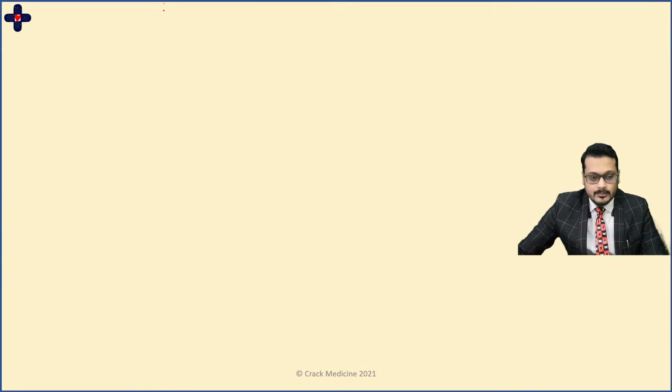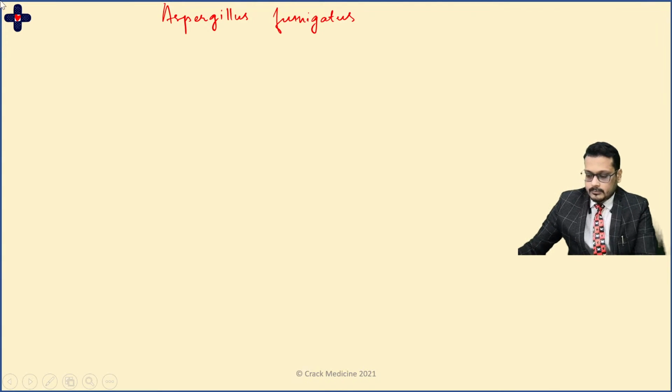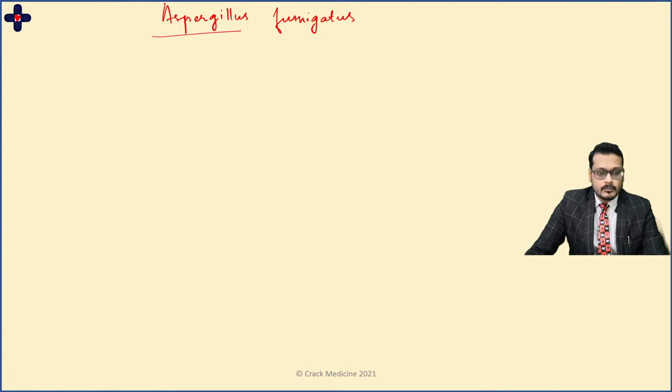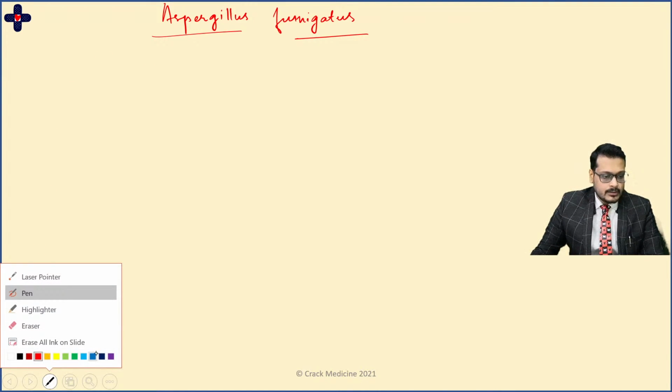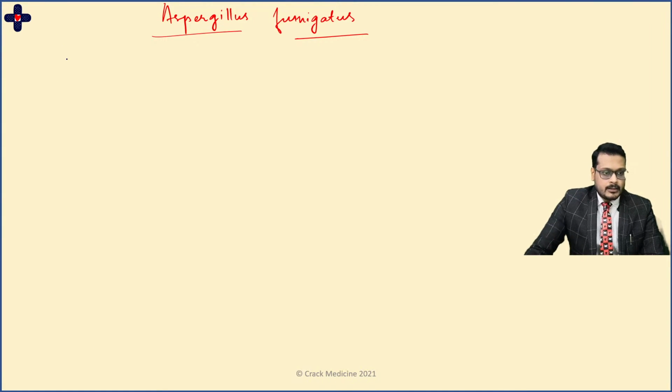So let's talk about Aspergillus fumigatus. This is usually seen in places where there is building work going on, that is, construction sites. Why construction sites?